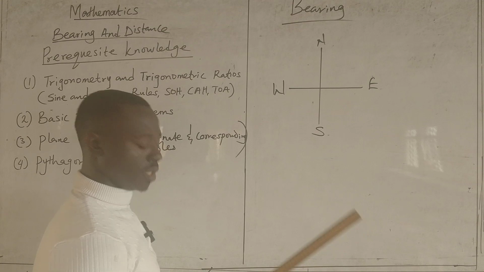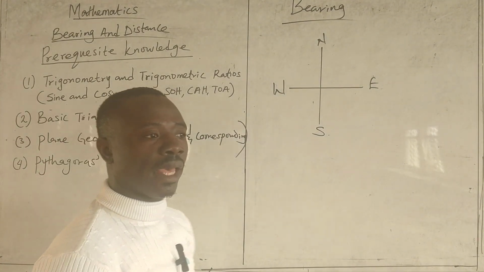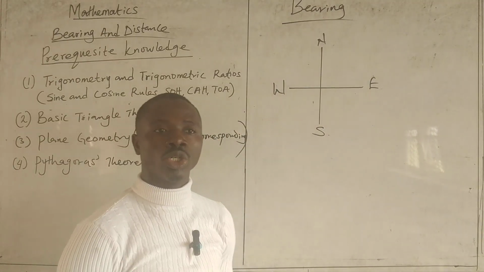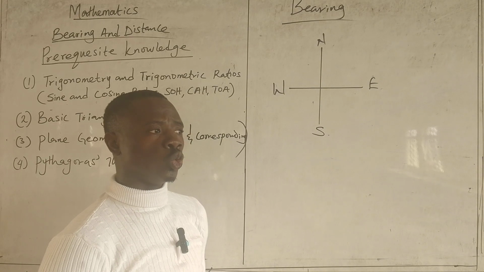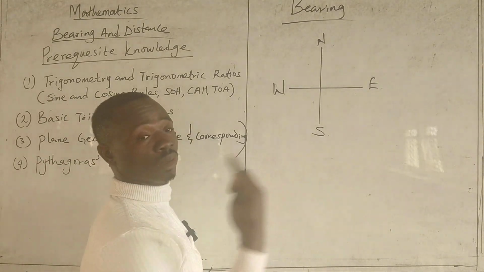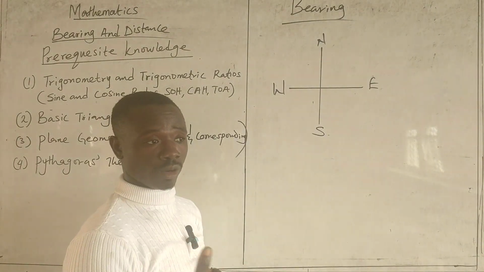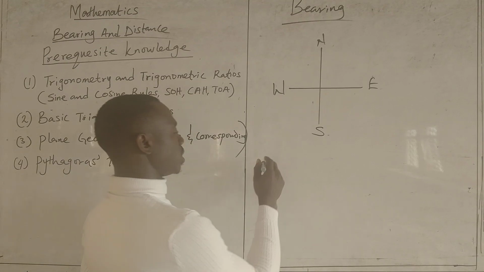This is the four cardinal points, and anytime you want to draw the direction of an object, we always draw our angle from the north, in the clockwise direction.